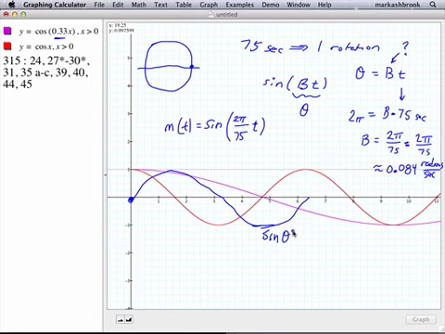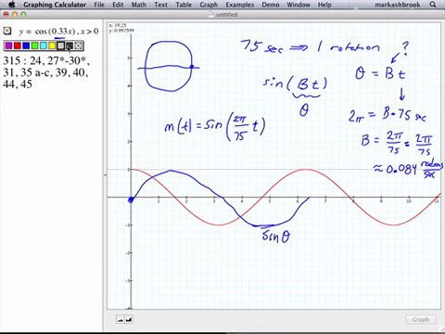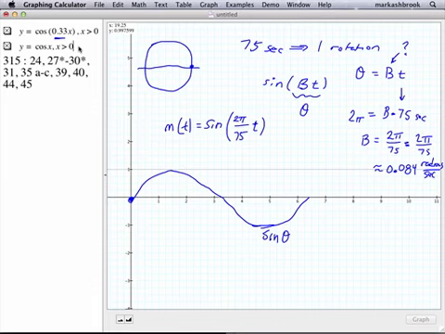Turn these other ones off. So what will the graph in terms of time look like for this problem for the Ferris wheel if it takes 75 seconds to make 1 full rotation? Stretch all the way so that this pattern finishes when? At 75 seconds.